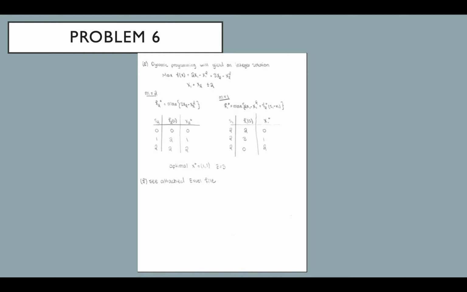But when we solve that table, we see that S1 has the values of 2, 2, and 2, and x1 takes on the values of 0, 1, and 2. We calculate the f1 function values of 2, 3, and 0 respectively, and this identifies the optimal integer solution, working backwards, as x1 star is equal to 1 and x2 star is equal to 1, gives us a z value of 3. And then lastly, we have part F, which asks us to solve the convex problem using Excel.